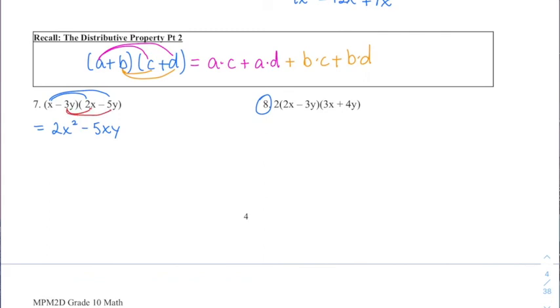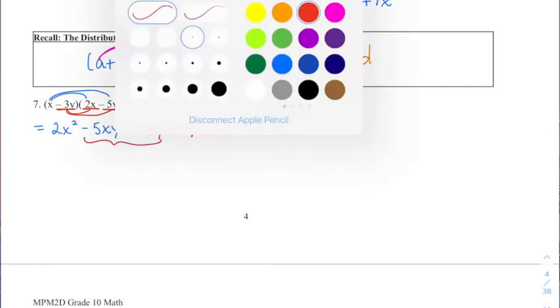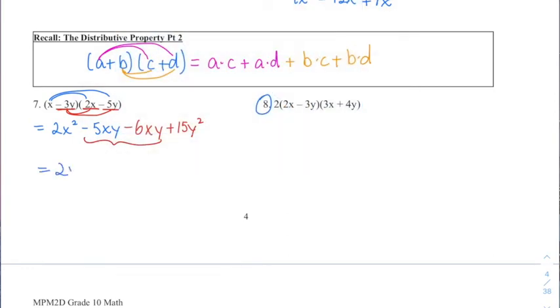Okay, so beware here, this is negative 3y times 2x. So that's subtract 6xy. Negative 3y times negative 5y is positive 15y squared. Don't forget to square it. Okay, turns out here we only have like terms in the middle. Okay, so we've got 2x squared minus 11xy plus 15y squared.